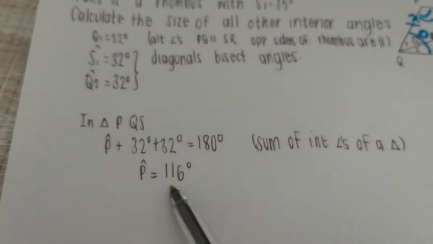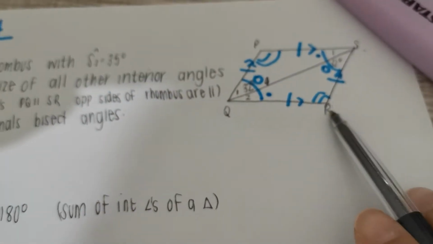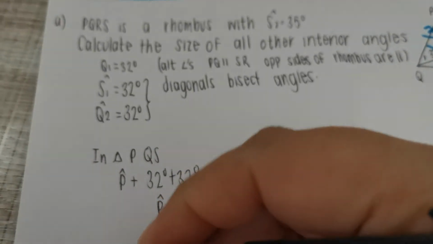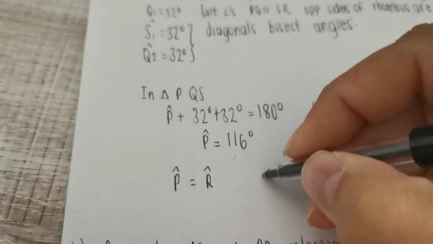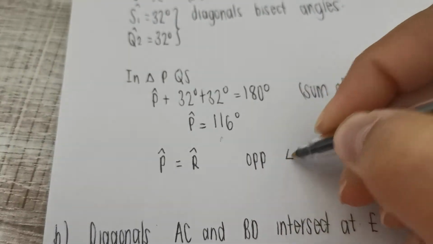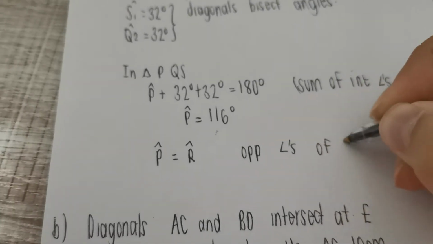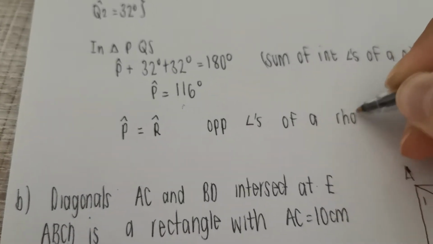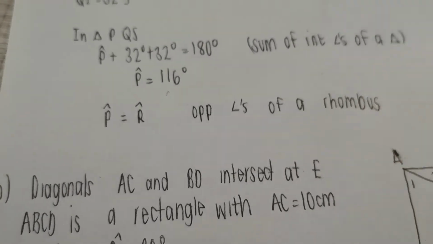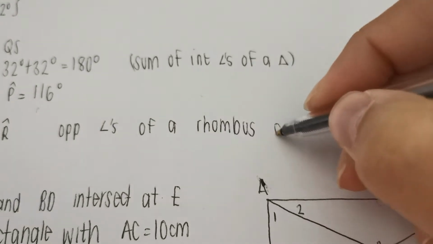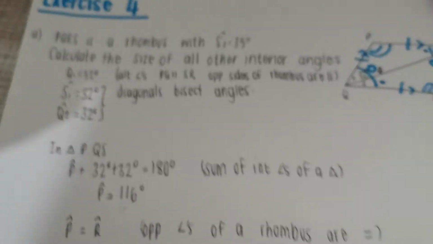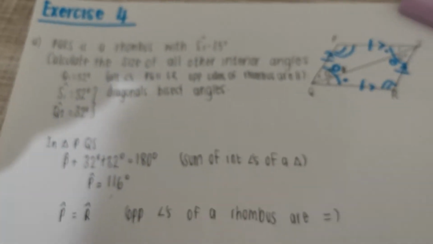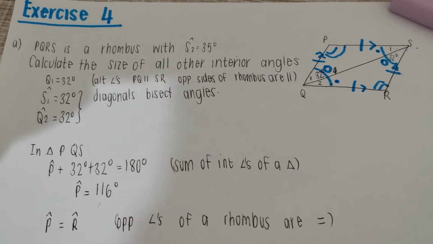And then we know P, we said, is equal to R. And there we go. We figured out all of the interior angles of this particular rhombus.